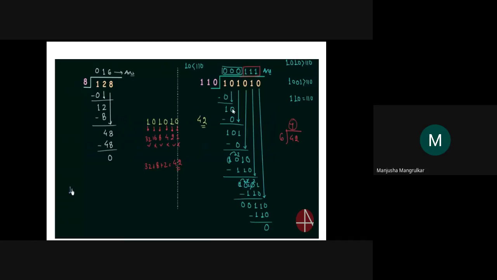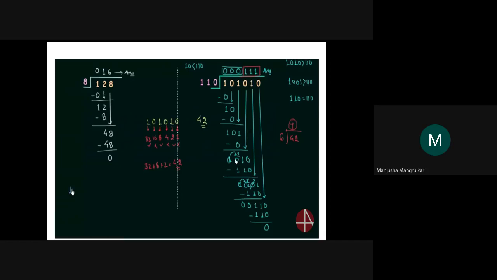We take the next bit: again 10 is less than 110, so again we subtract 0, and we take the third bit, 101. Again this 101 is less than 110, so we subtract 0 and take the next bit, 0, making 1010.